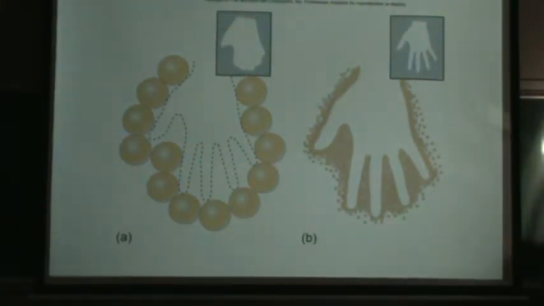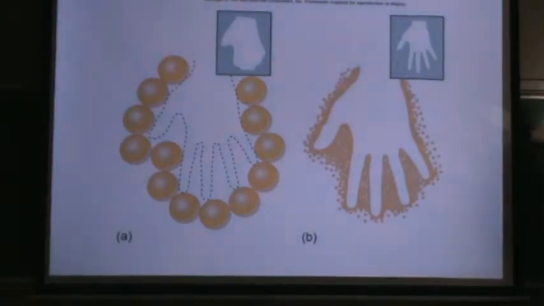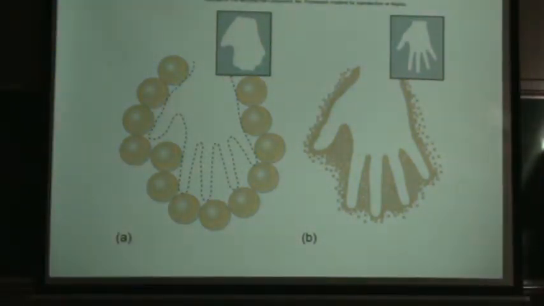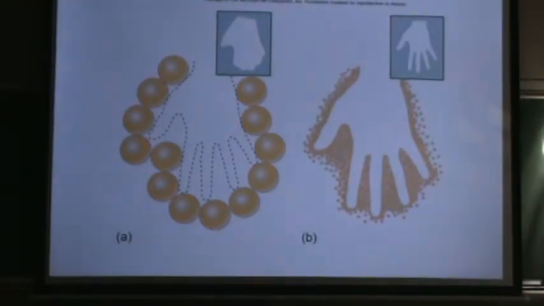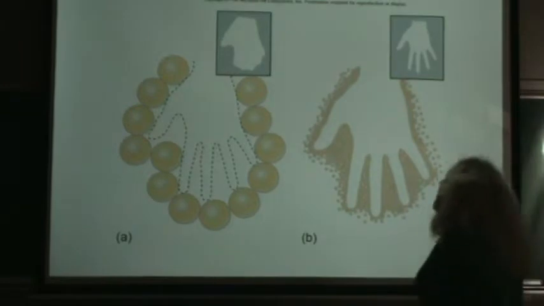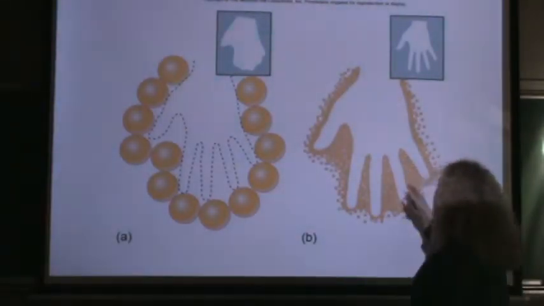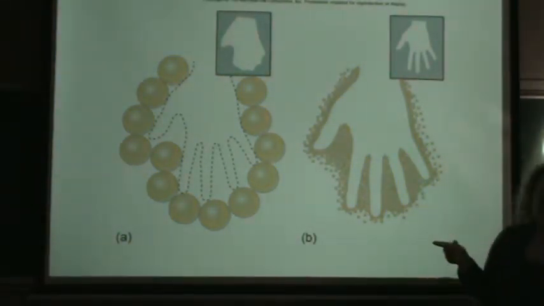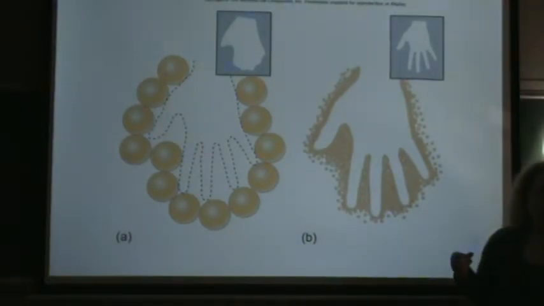So one thing I want you to know after this lecture is the difference between magnification and resolution. If you just make something bigger, that's magnification. If you make it more defined or crisp, so to speak, that's resolution.